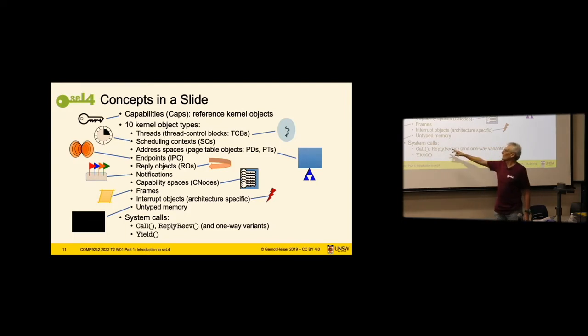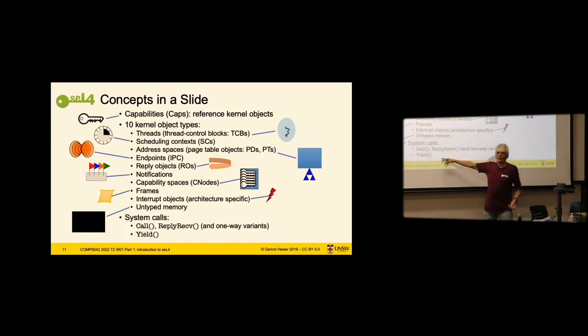Call is invoking a server, and reply receive is the server. And the same system calls also get used for invoking any other kernel object. For example, operating on a thread means invoking a thread capability, etc.